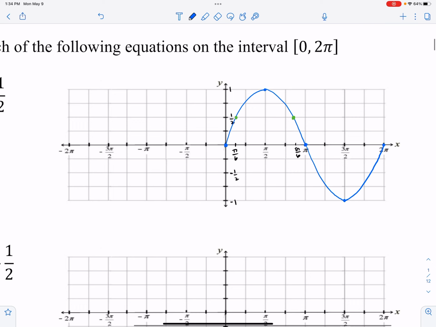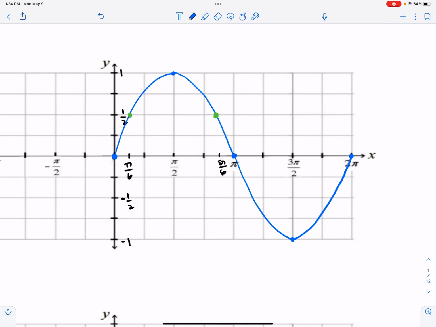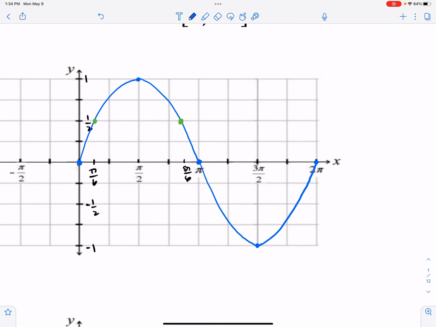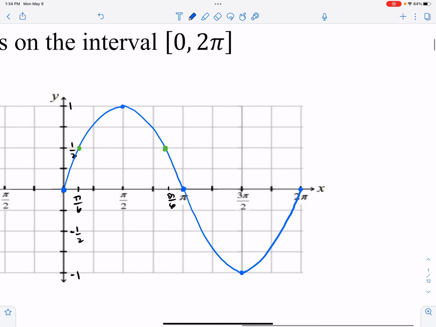That's solving by inspection. Now, the idea behind solving graphically is here's a sketch of sine. And we can see from looking at the graph of sine that there are 2 points where sine would be equal to 1/2, and I have them in green. And the x values that correspond to those points we know are pi over 6 and 5 pi over 6.